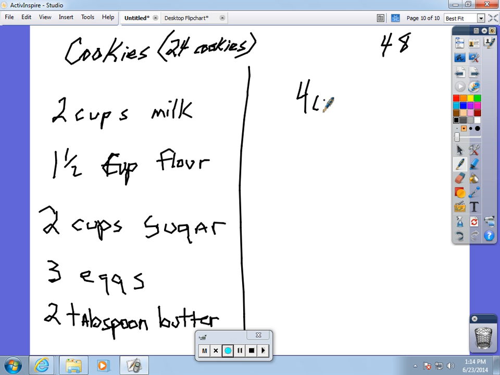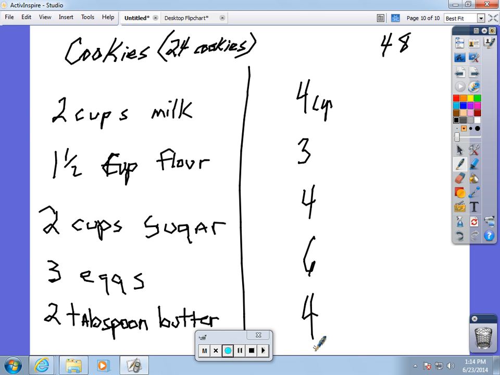So 4 cups, 3 cups, 2 times 2 is 4, 6 eggs, and a stick of butter. So you took your ingredients and what'd you do? Double. Everybody with me?